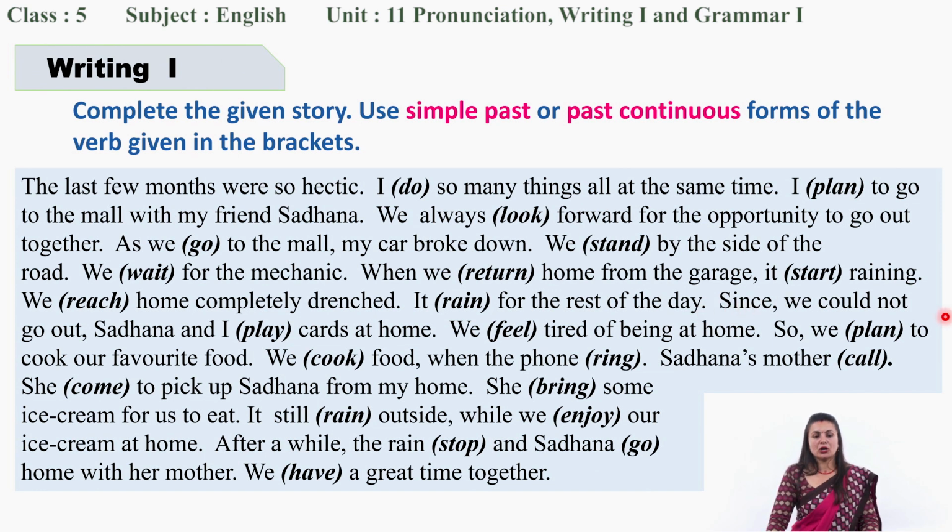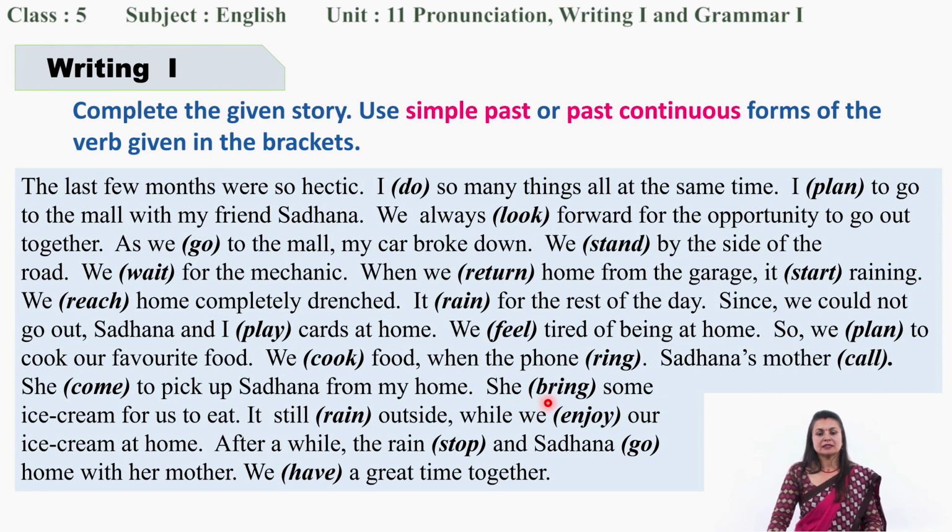Since we could not go out, Sadhana and I, in bracket, play cards at home. We, in bracket, feel tired of being at home. So, we, in bracket, plan to cook our favorite food. We, in bracket, cook food. When the phone, in bracket, ring. Sadhana's mother, in bracket, call. She, in bracket, come to pick up Sadhana from my home.